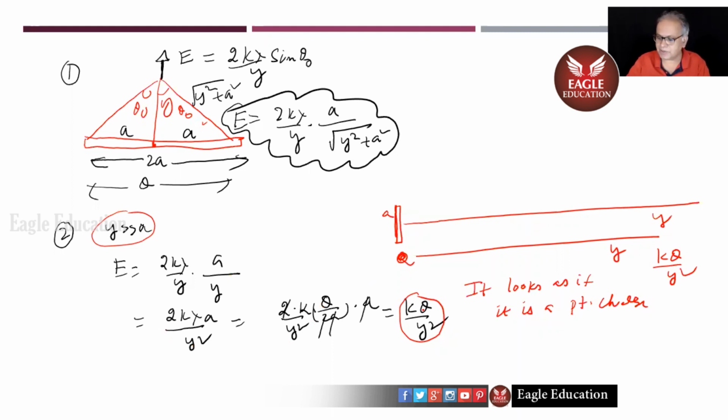For example, take this small comb rubbed to give it charge. At a distance of, say, 10 meters from here, I can think that this whole charge is a point charge at its center. That's what we showed here: kq by y square when y is greater than a.